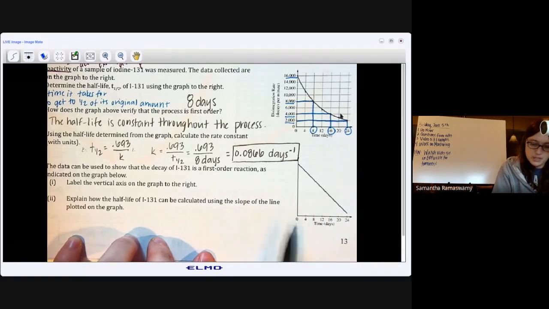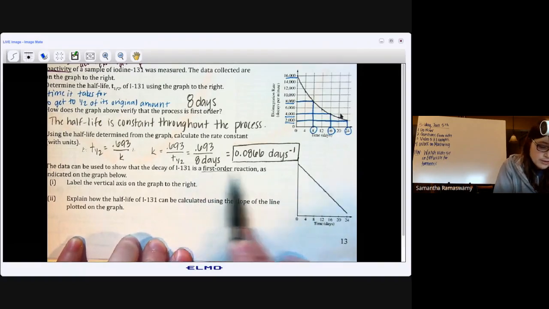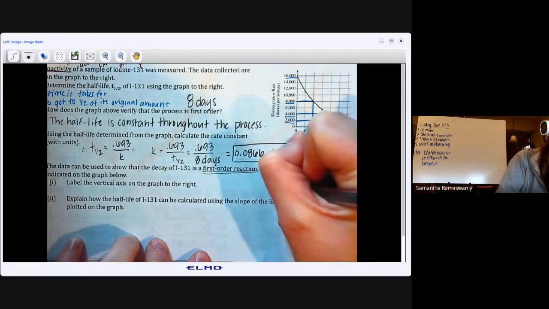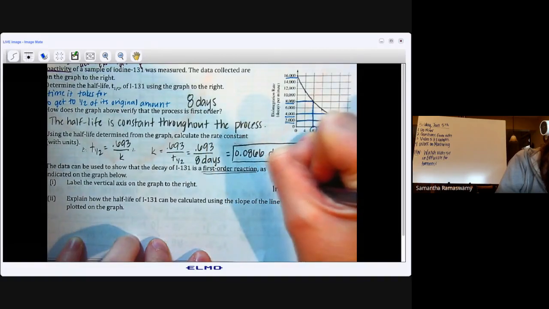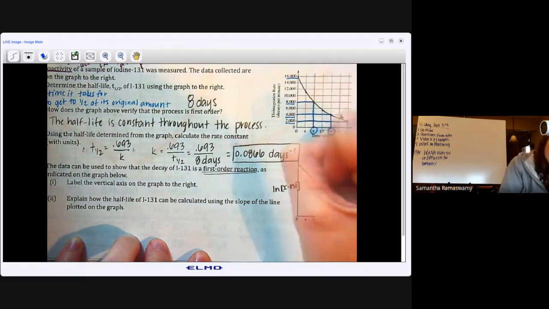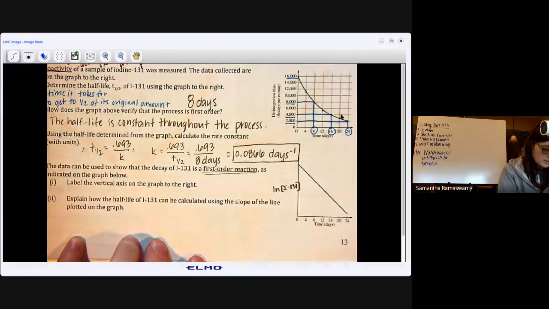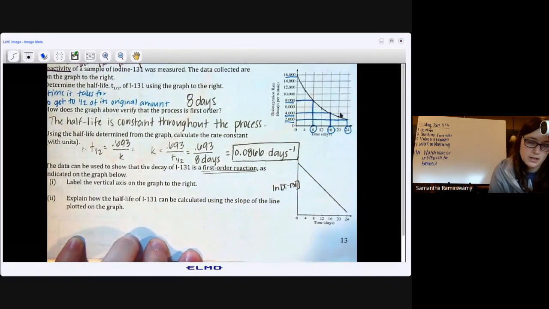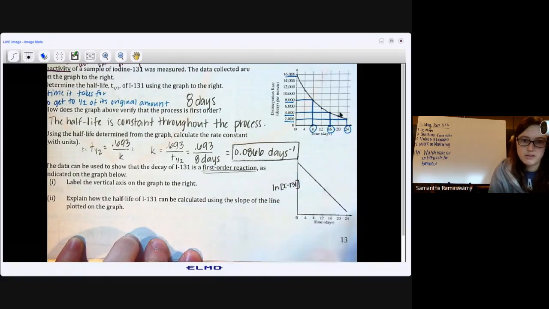If it creates a straight line and you're looking for it to be a first order reaction, you're thinking about what could I put on the y-axis that would create a straight line? Well, you could put natural log of the concentration of iodine 131. Right, so the natural log of iodine 131 is on the y-axis. That gives you a straight line.